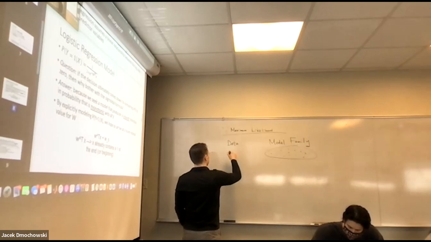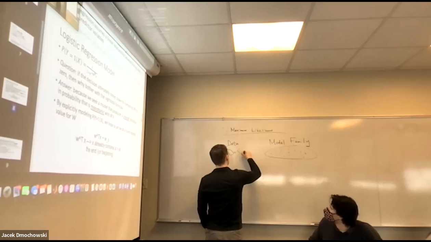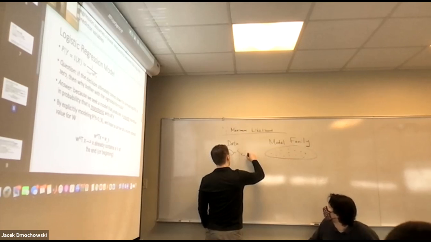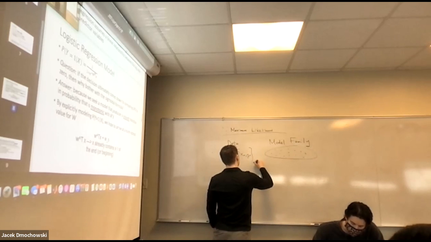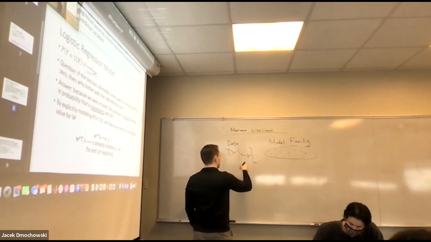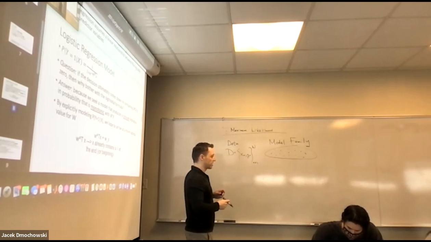And then you have some data set that is typically denoted D. And in this case, our D is these tuples, I think they're called tuples, pairs of X, Y.